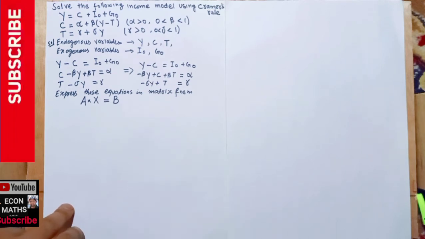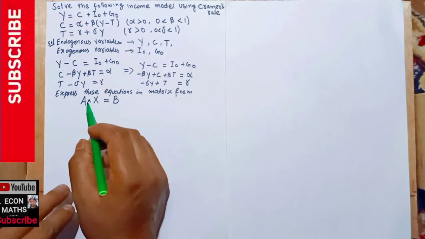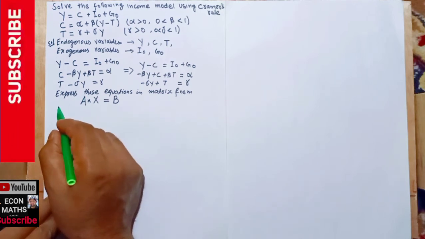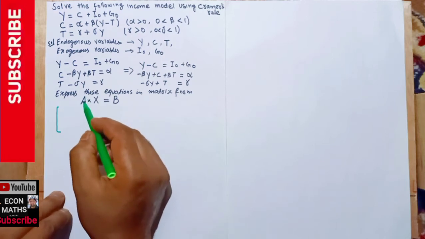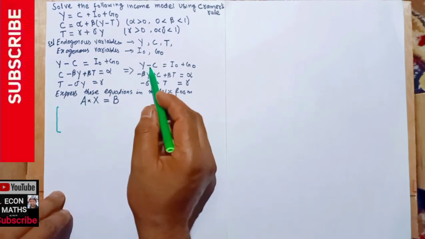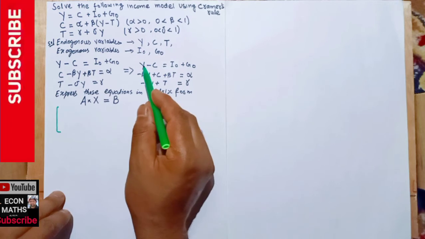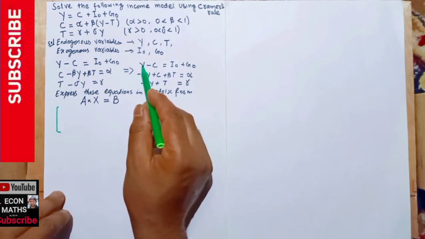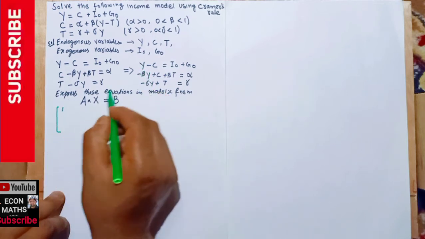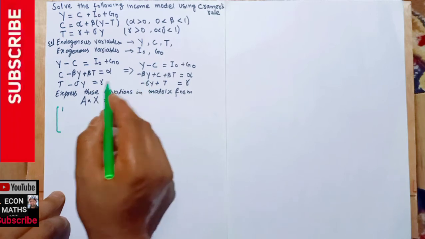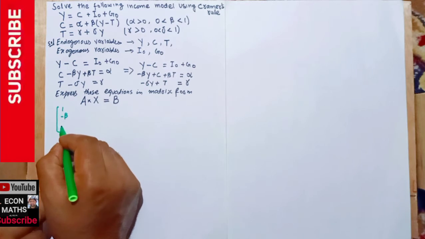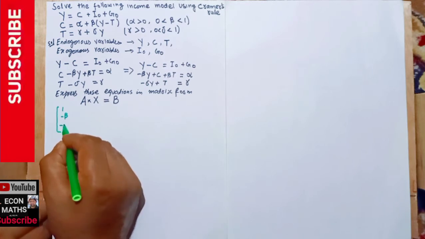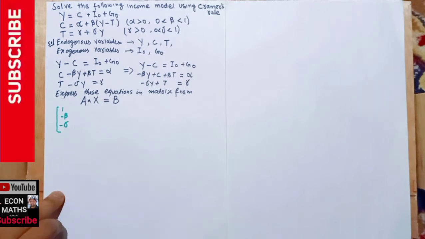Now first we have to make the coefficient matrix. So I will write here. Now the coefficient matrix is, first we will write the coefficients of the y's. Here the coefficient of y is 1, here the coefficient of y is minus beta, and here the coefficient of y is minus delta.